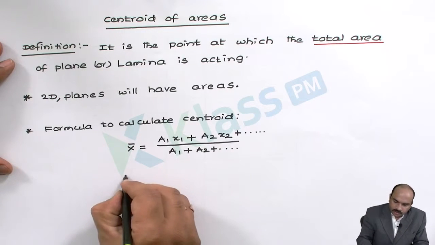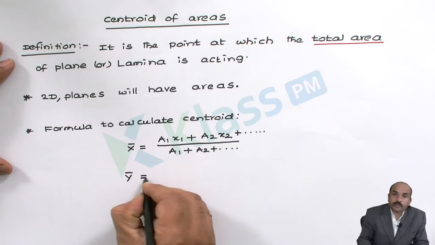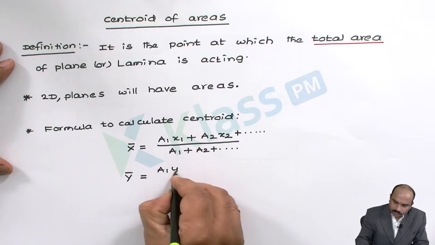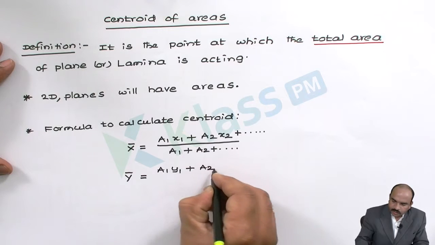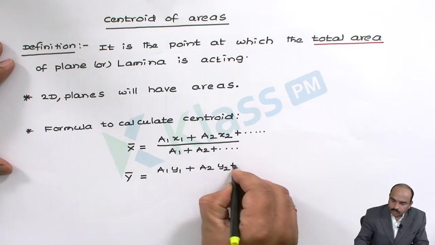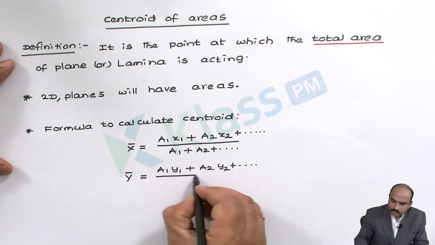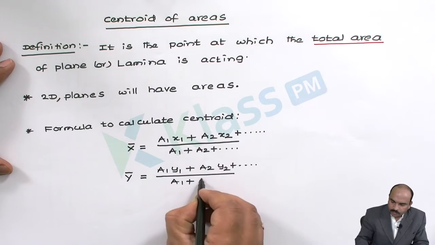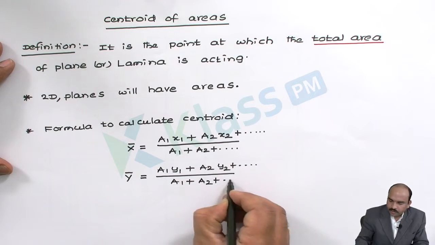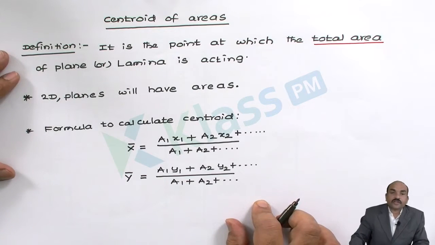Similarly the formula for y bar is a1 y1 plus a2 y2 plus dash by a1 plus a2 plus dash. So this is the centroid formula.